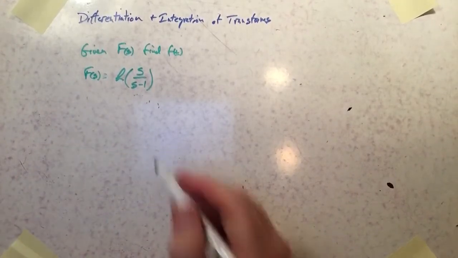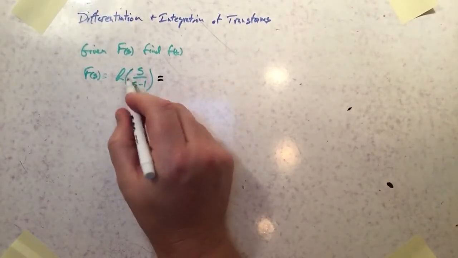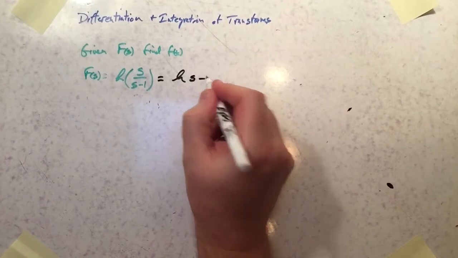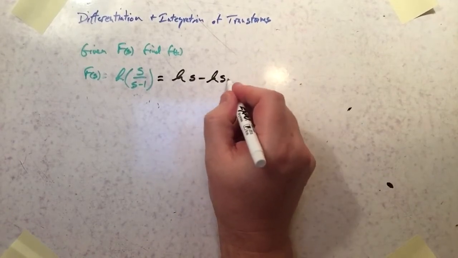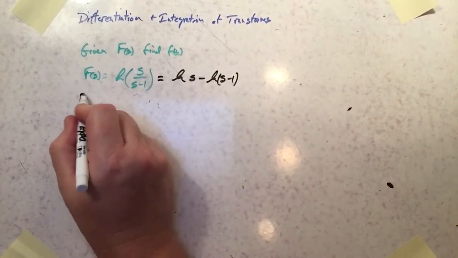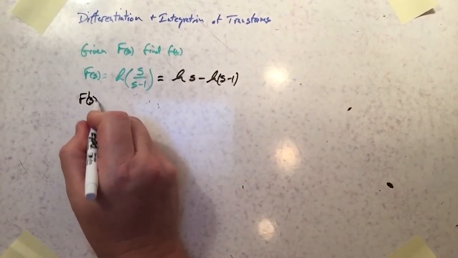To do that, what I first want to do is apply a rule for logarithms and say this is the ln of s minus the ln of (s minus 1). And now I can go ahead and find F prime of s.